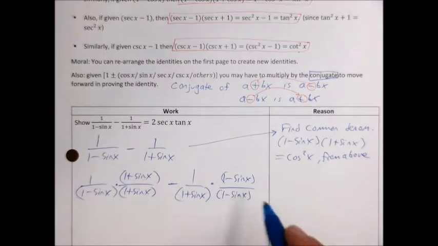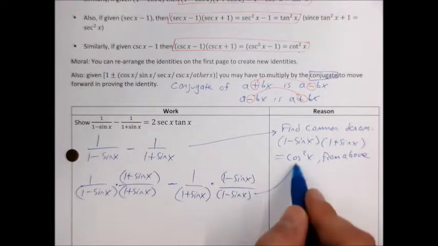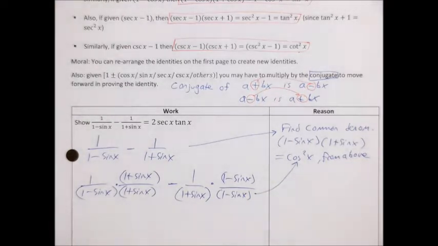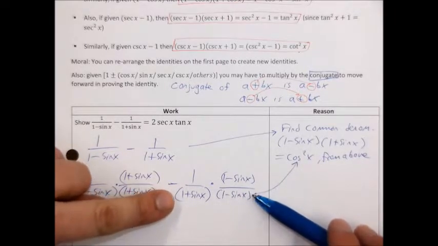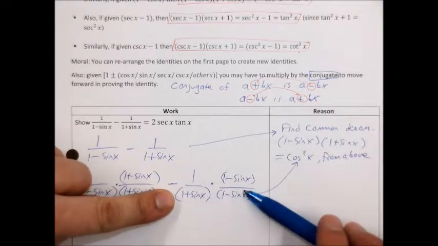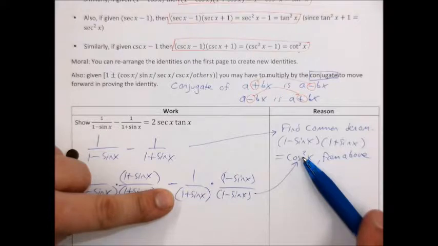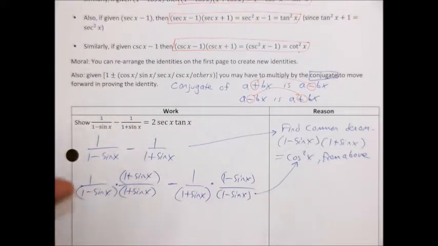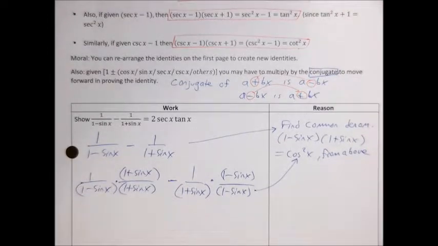And again, we already know that the denominator is going to equal cosine squared. We don't need to mess around with the denominator. We just sort of proved it up top that that's going to simplify down to cosine squared. And so we can just jump right to that and rewrite that as a cosine squared in the bottom.